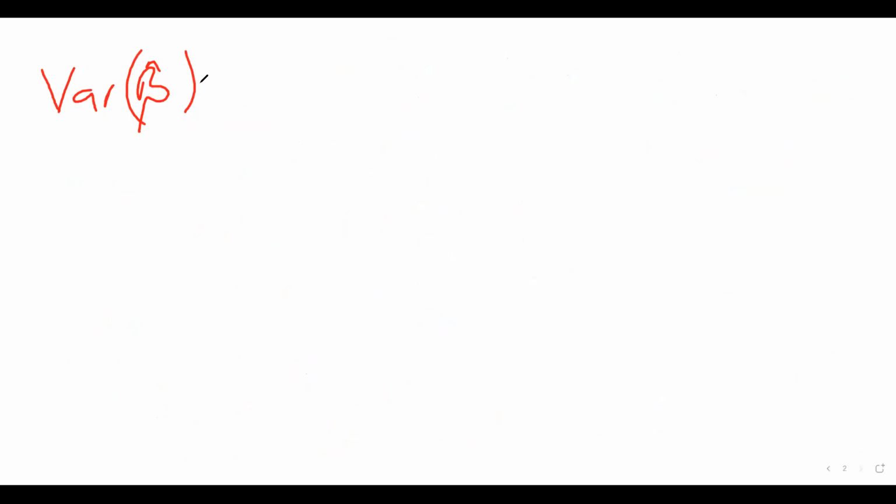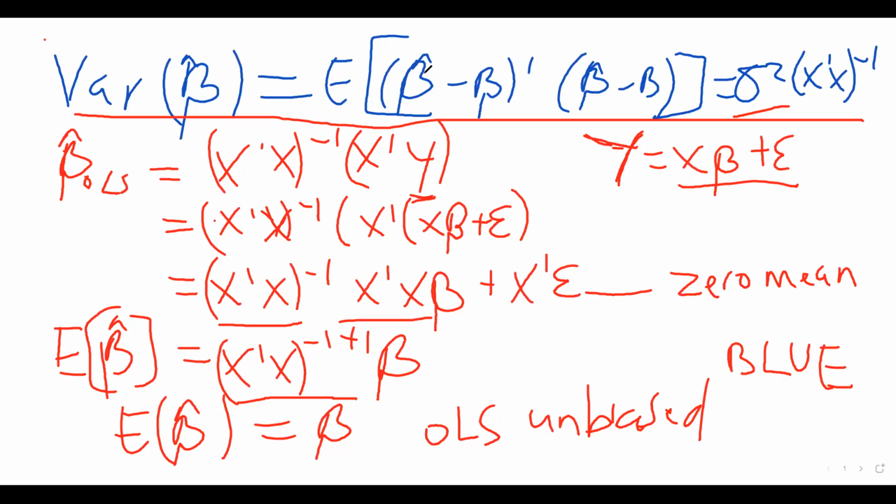Now, the first thing you want to understand is that this was giving us what you see in there, the beta cap here. So the expected value of beta cap minus beta, prime, and then beta cap minus beta, no prime. Now that beta cap, we know the value.